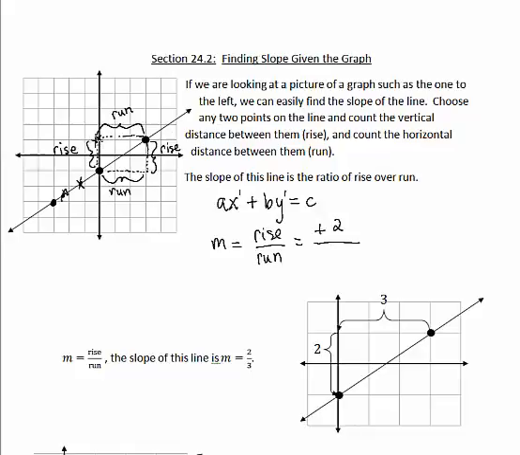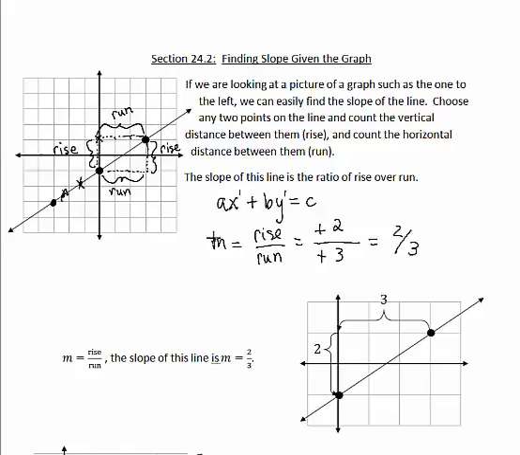We're temporarily located right here on the y-axis, and to finally arrive at our second point, we have to go to the right in the positive direction, so the run would be positive, and we have to go 1, 2, 3 units to the right, so the run would be a plus 3. So we have a slope of 2/3.